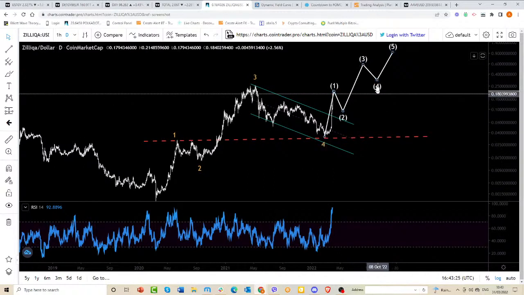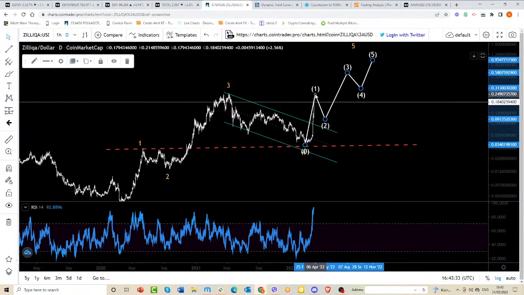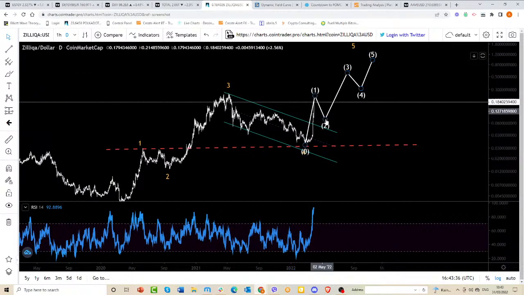So for Zilliqa, it is going relatively well in the possible future developments. If you see some type of a pullback back to this 0.1, which might be the next support level. I don't think we're going to reach the extreme.